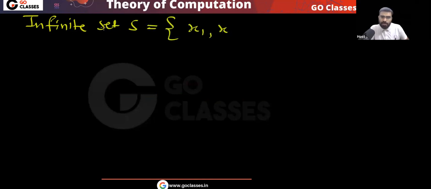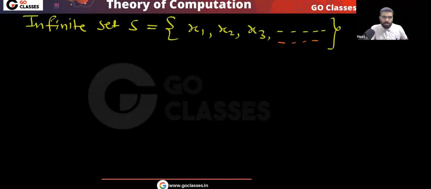So please understand, you have an infinite set S. For example, this can be x1, x2, x3, and so on. This can be countable, uncountable, anything.